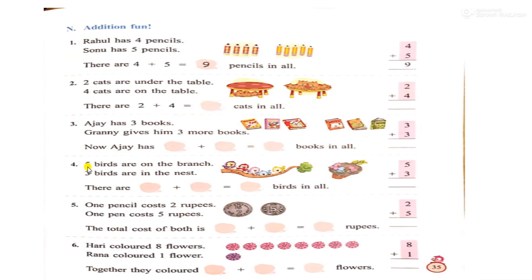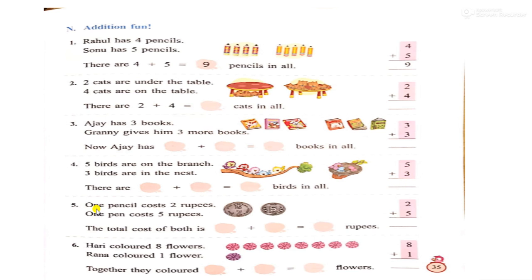Then fourth one, 5 birds are on the branch, 3 birds are in the nest. Yes, here see, 5 birds are on the branch. 1, 2, 3, 4, 5. Yes, 5 birds are on the branch and 3 birds are in the nest. 1, 2, 3. Yes, 3. So 5 plus 3. We have to count the birds and write the answer here.